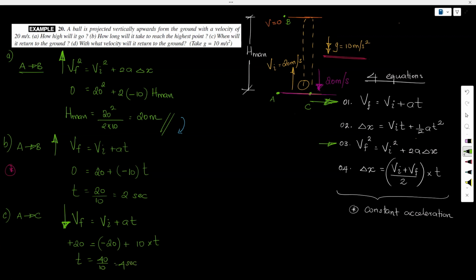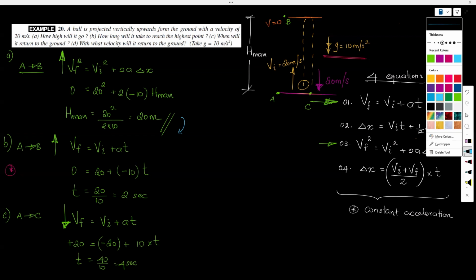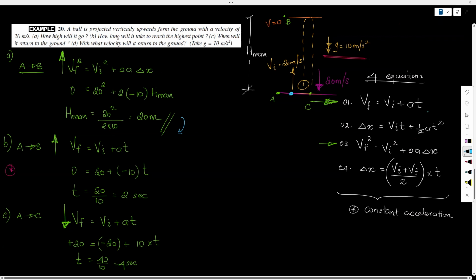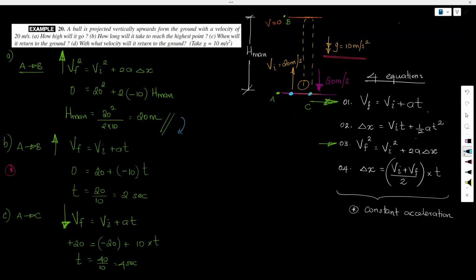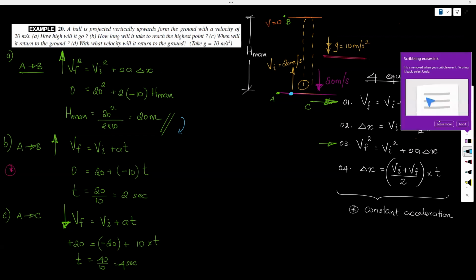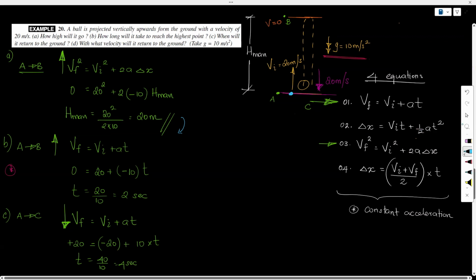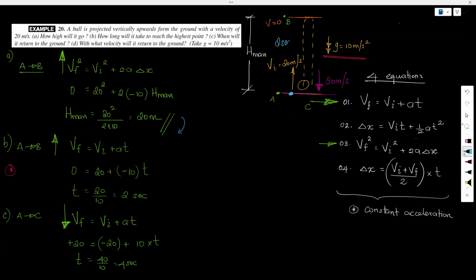So this one, you could have avoided doing this calculation, because if a particle has been thrown from a point and it goes up and comes back to the same height, you should understand that whatever time it takes to go up, which is 2 seconds, should be the same time for it to come back to that position as well, right?